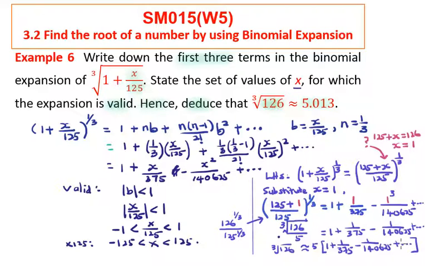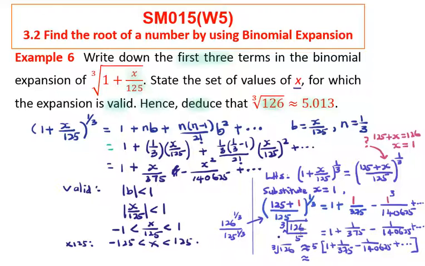We use the approximate sign because we only expanded until the third term. Actually, there are more than 3 terms. We stop at the third term, so this is just an approximate answer.